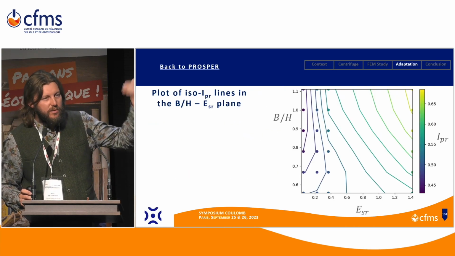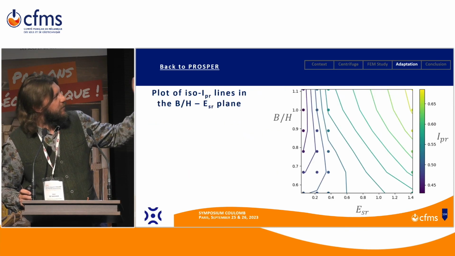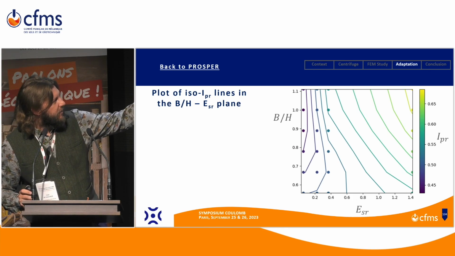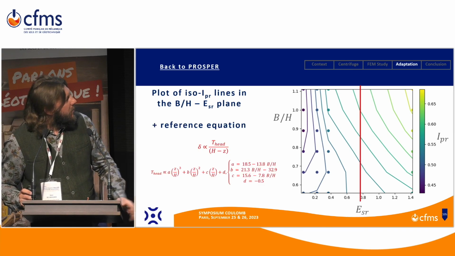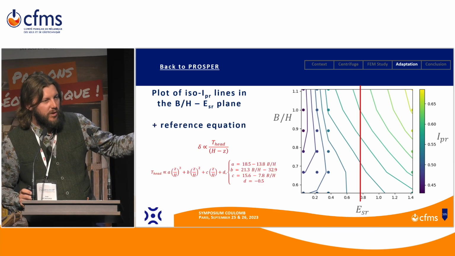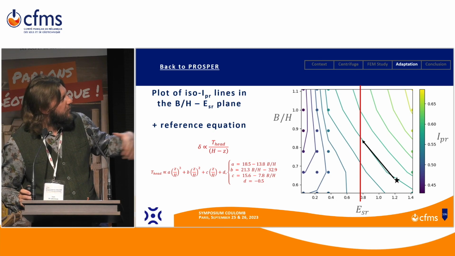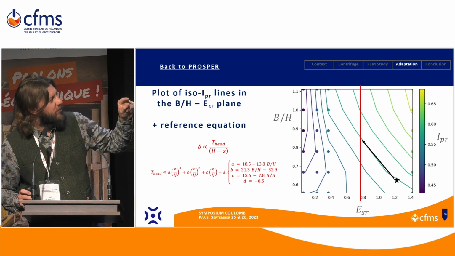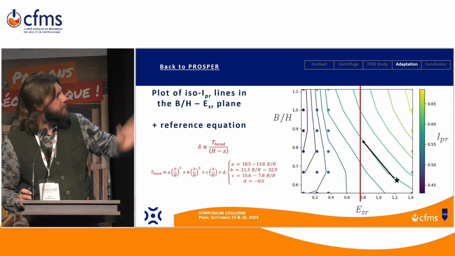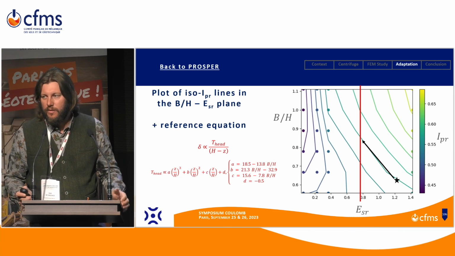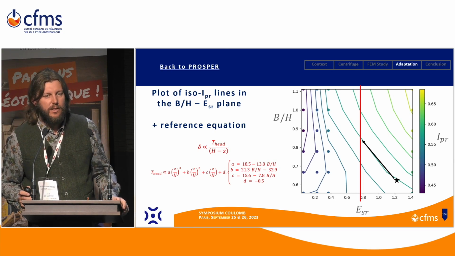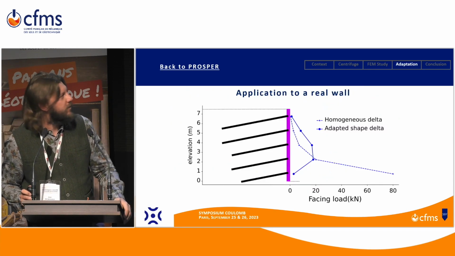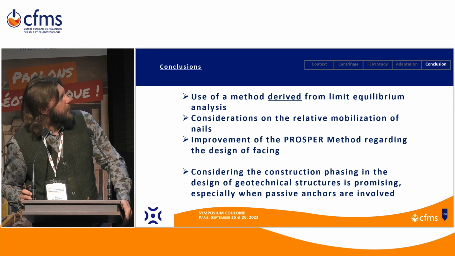If I plot the ISO line of this parameter in the plane slenderness, stiffness, I get this abacus. And this line is the reference equation I gave just before. If you have a soil which is a bit stiffer, you can go back to the reference equations following the ISO line, and you apply the reference equation for an adapted slenderness ratio. That's what I applied to get better results on this real wall.